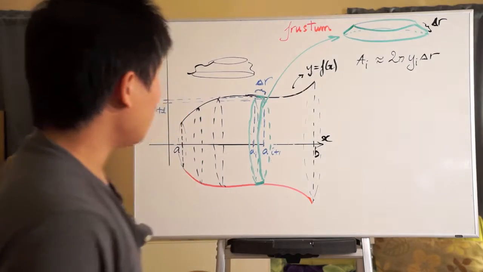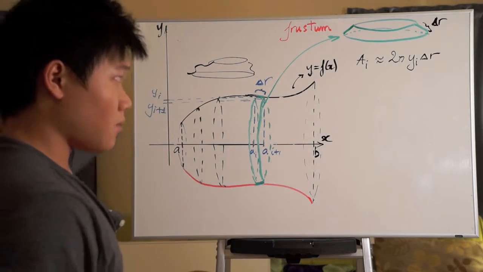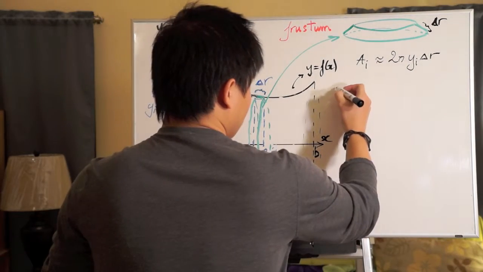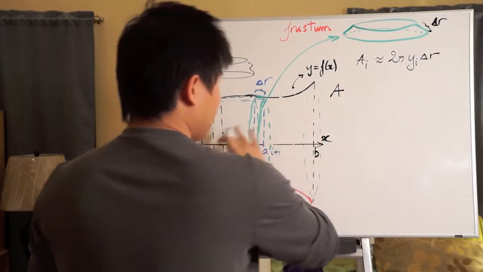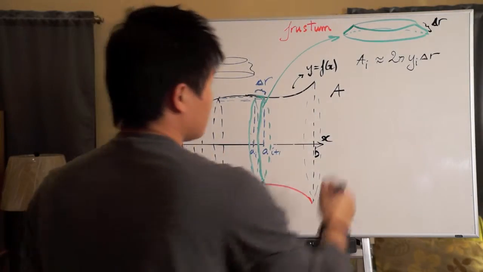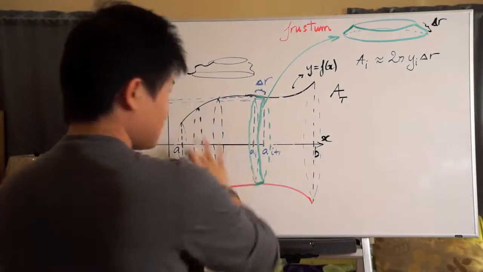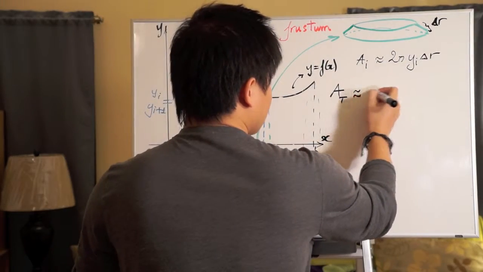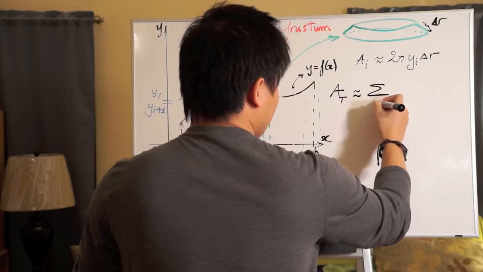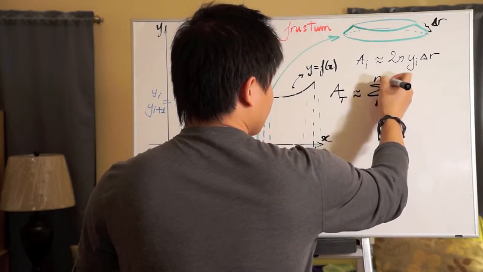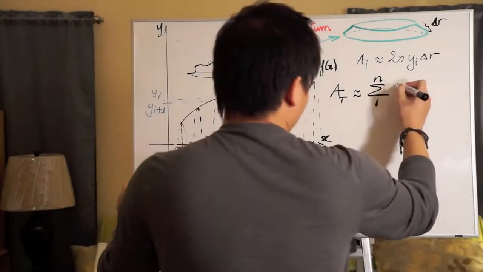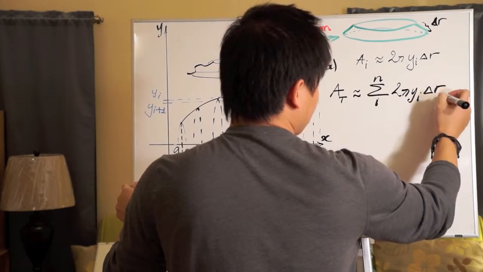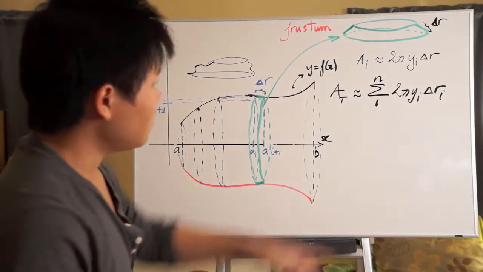Now we think of it as the sum of really thin strips, so the total area A of this entire surface circling around the x-axis would be almost equal to the sum, starting from i going to some n, of 2 pi times y sub i delta r sub i. Okay, so there you have it.